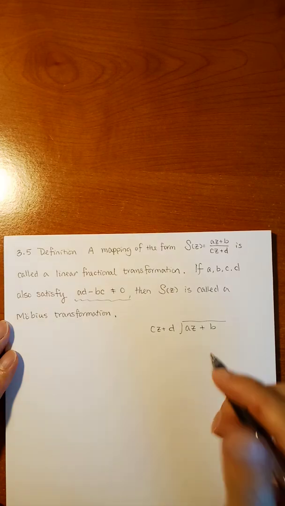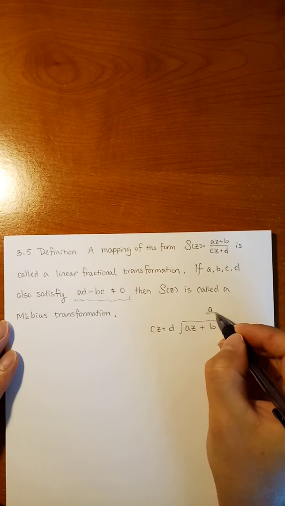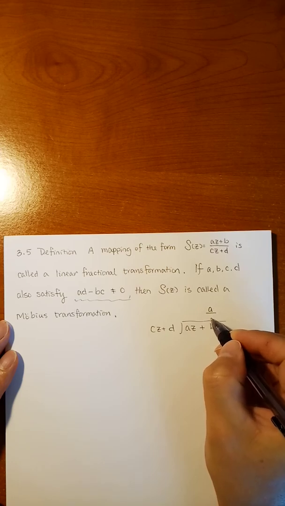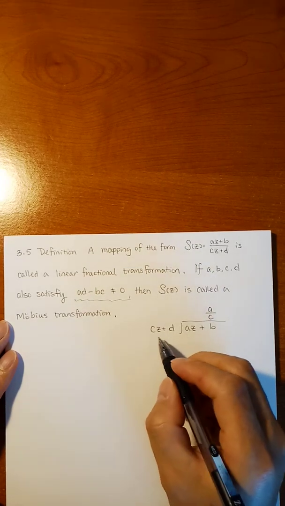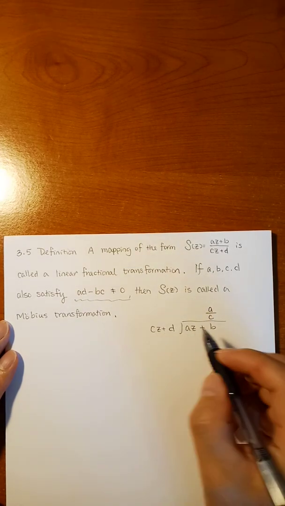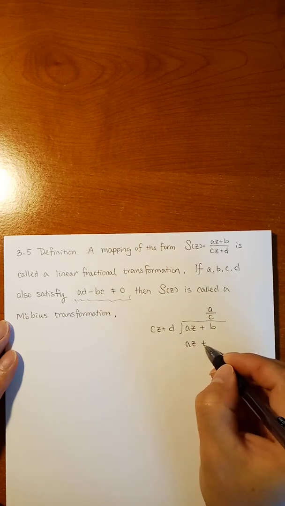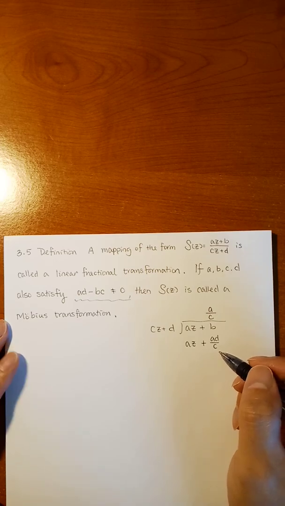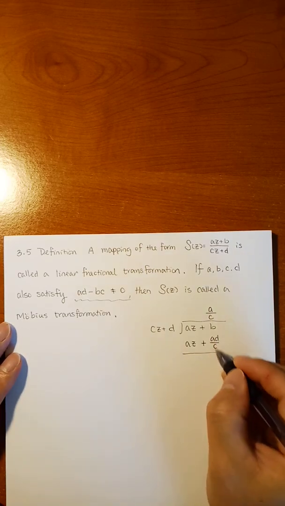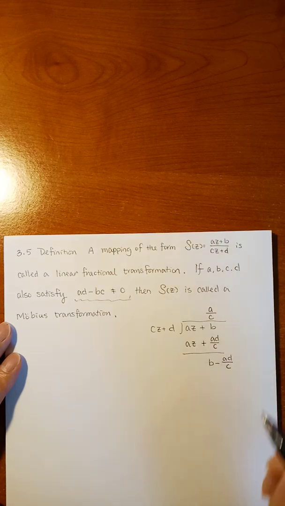What we get is a over c, then a over c times cz is az. a over c times d is ad over c, and the remainder is b minus ad over c.